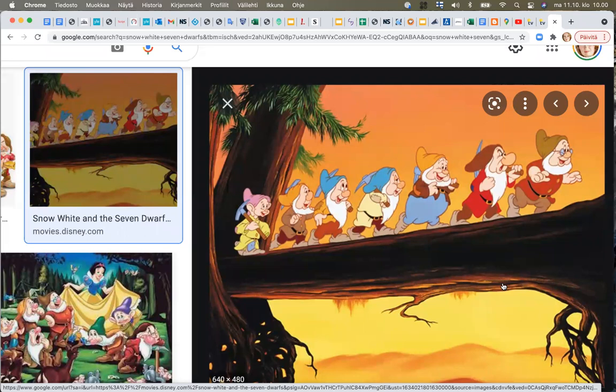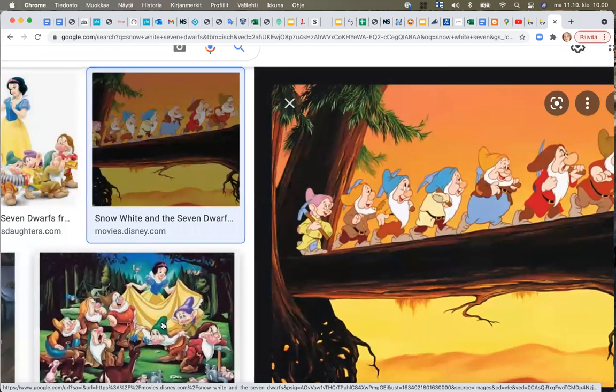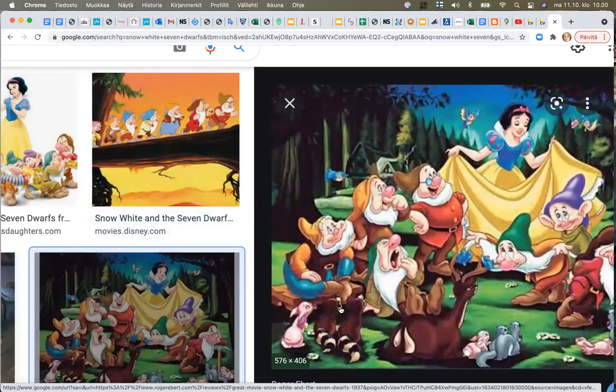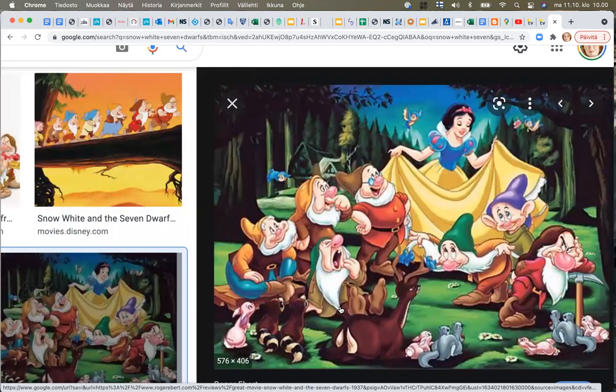Anyway, those animators who were doing this scene where they walked over the bridge, they remembered that every walk of every character was different according to their personality, and that was important, that the walk cycles were not identical. And of course here you can also see the different kinds of personalities.